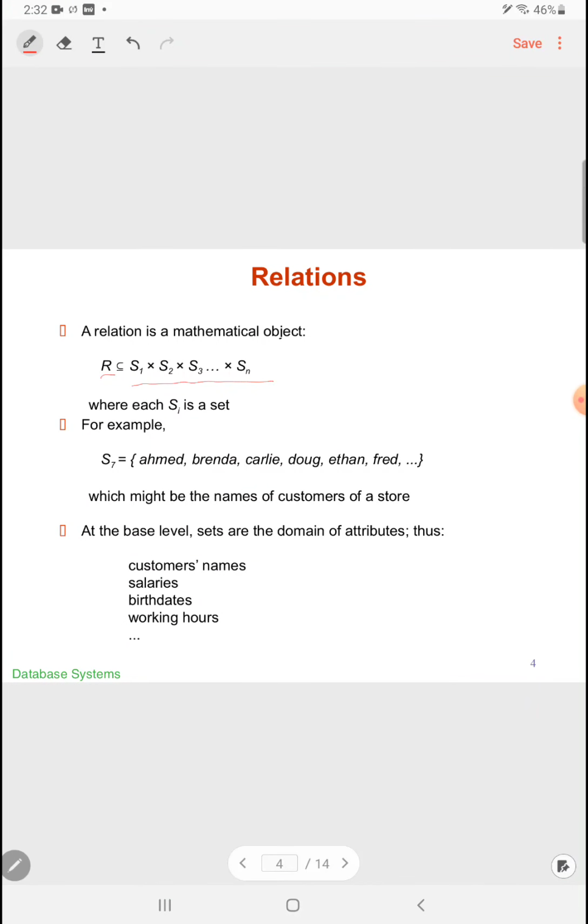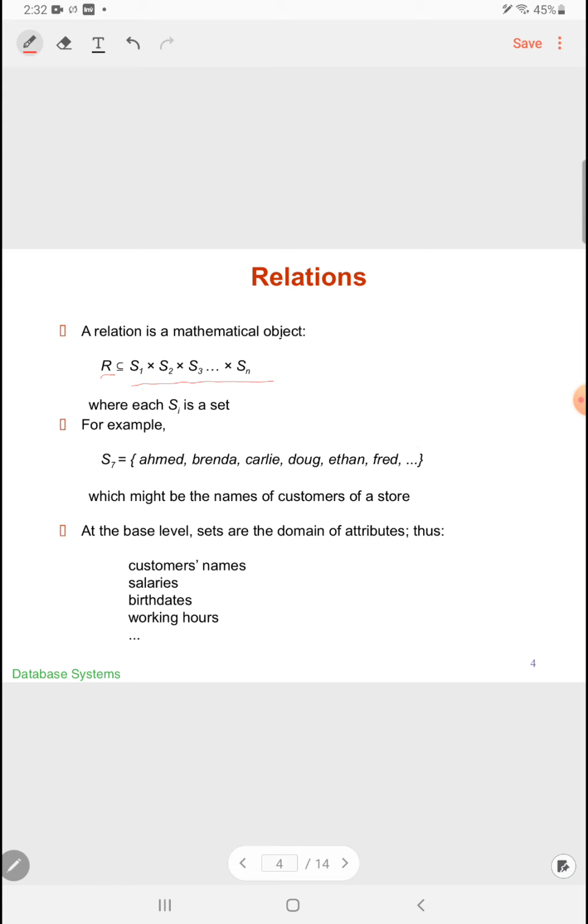So, that's a very quick review of relations. You should probably review them further if you haven't looked at them in a while. Each set can contain anything. Mathematicians often deal with numbers, but they can deal with anything. So we could have a set of customers in a store: Ahmed and Brenda and Charlie and Doug and Ethan and Fred.